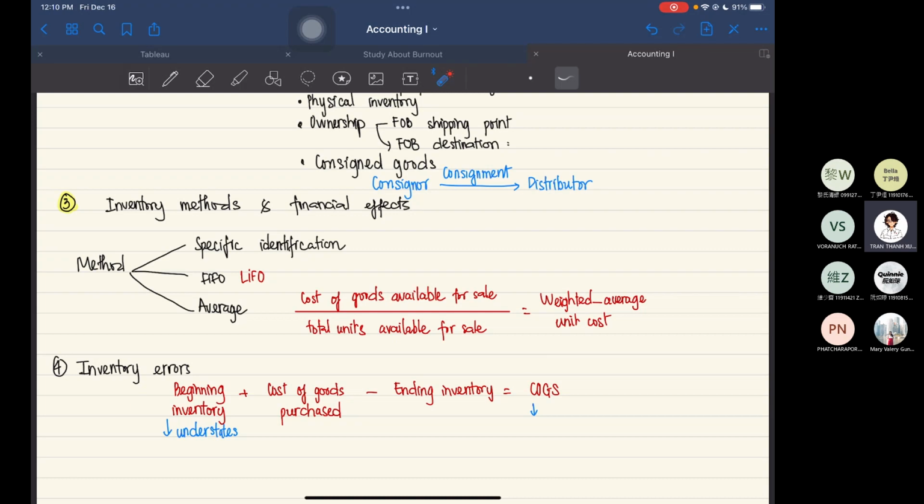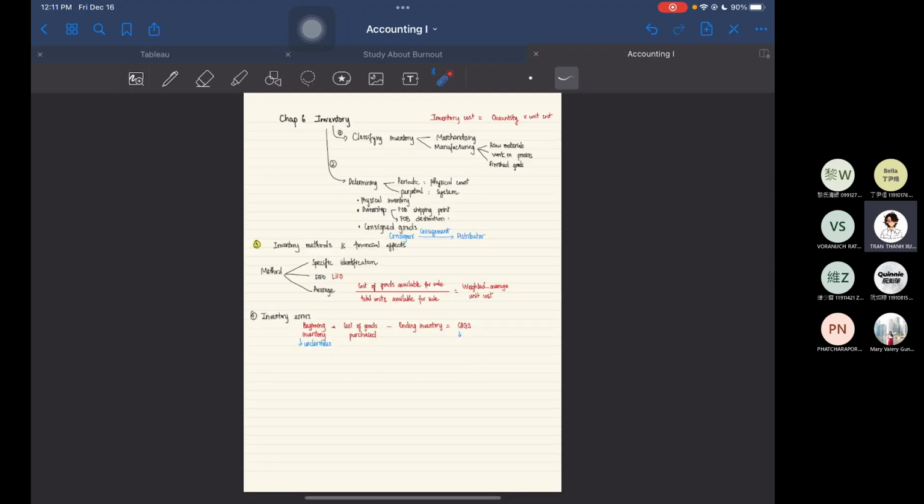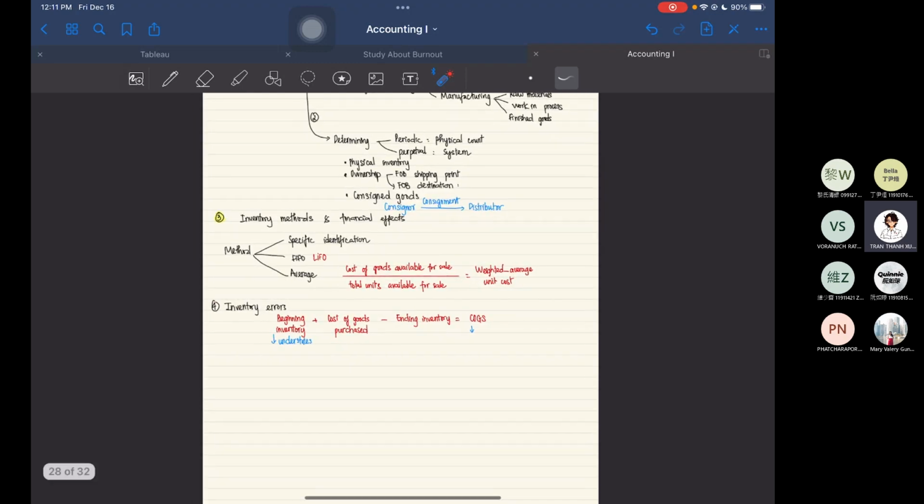And about the cost of goods sold formula, you also need to remember that between the beginning inventory and ending inventory you also have the cost of goods purchased. During that period, whatever you purchase, you add it to the beginning inventory and subtract the ending inventory in order to get the cost of goods sold.